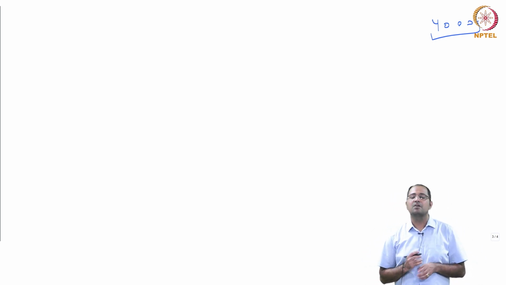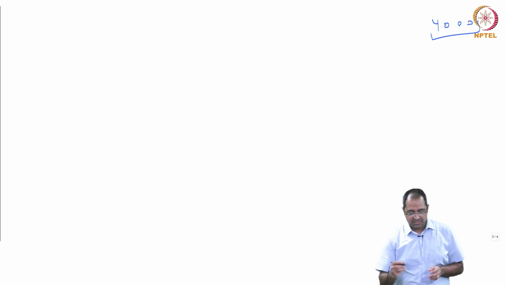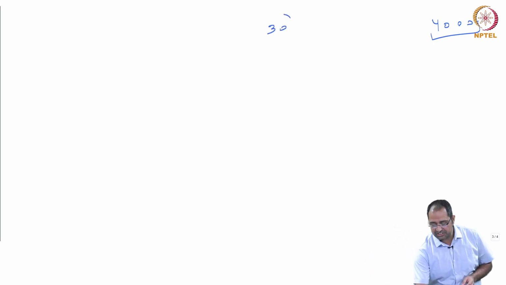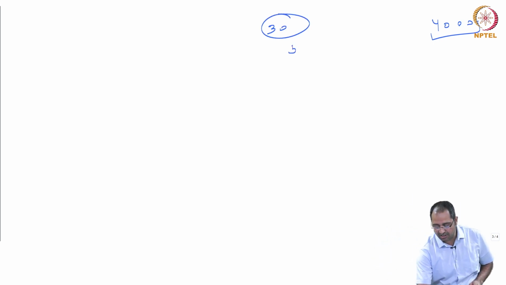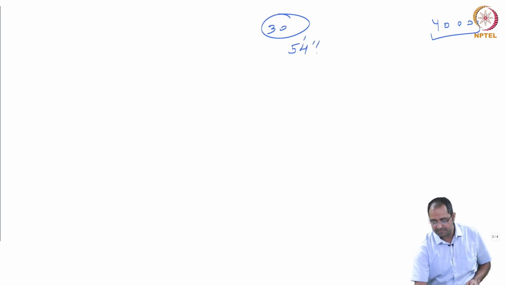I want to know the average height of BTech students. I cannot go to 4,000, it is not possible. Everybody will not be willing to, right? I'll be kicked so many times. So what I do is I randomly draw a sample of size 30, and let's say I calculate the average height of that group is 5 feet and let's say 4 inches.